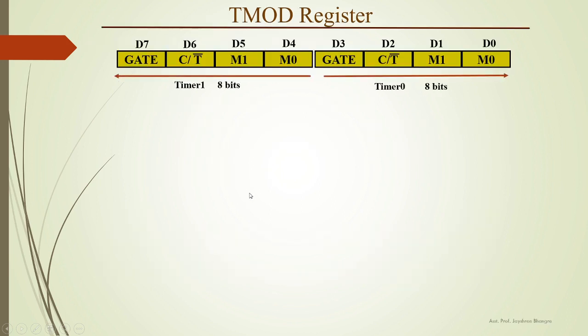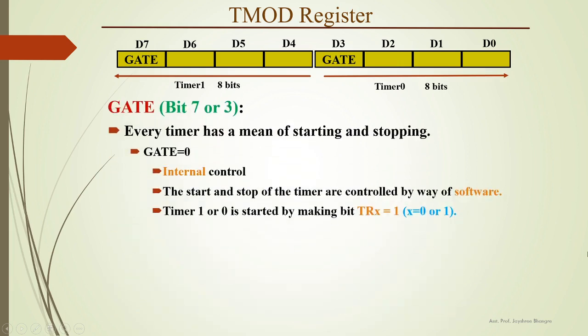So let's see the operation of each bit. Gate. This bit is used to start and stop timers by means of a signal provided to the INT pin, that is INT0 or INT1, for timer 0 and timer 1. If this bit is 0, the timer is internally controlled.